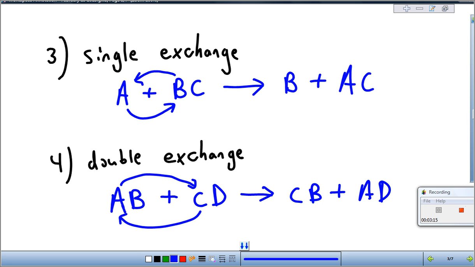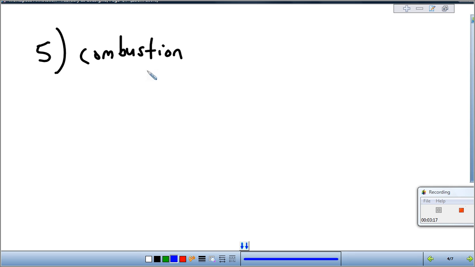And then the last type of reaction that we're going to talk about is combustion reactions, because they're awesome. Alright, so combustion reactions, we're going to start out with what we usually call hydrocarbons. So something that contains carbon and hydrogens. X and Y just represent whatever number, so it could be like C3H8 or like gasoline C8H18. So any number of carbons, any number of hydrogens.